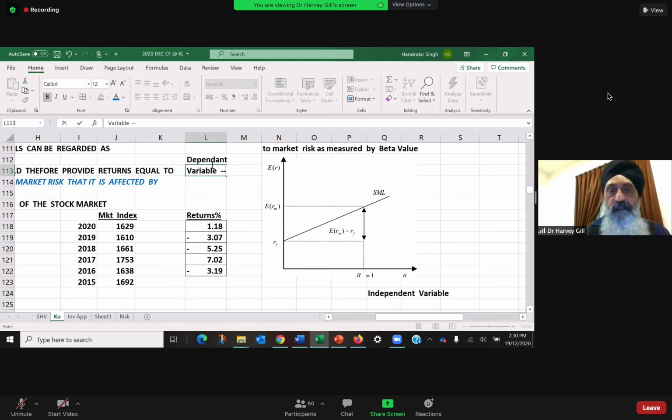Yeah, so these are expected returns. Expected returns depend on the beta relationship. What is beta? Beta is a measure of risk, yeah, a measure of fluctuation.